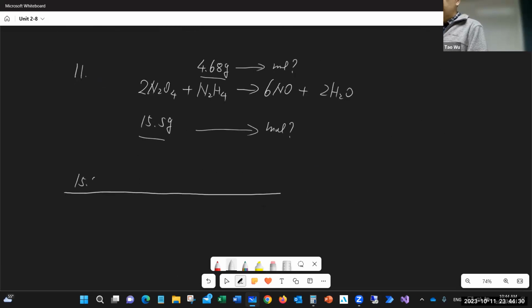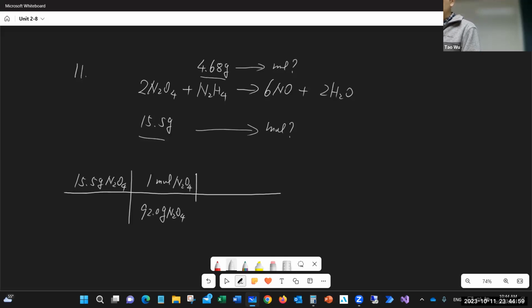We have 15.5 grams of the N2O4, that's in mass. So what are you going to do? You need to divide by the molar mass, and then you go from gram to mole. Last time we talked about N2O4, that's 92.0 grams per mole. So 92.0 grams of the N2O4 is worth 1 mole of the N2O4.